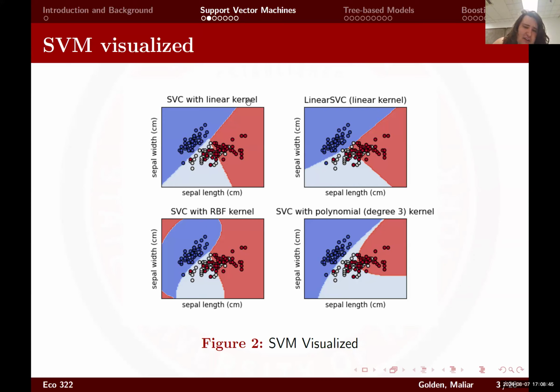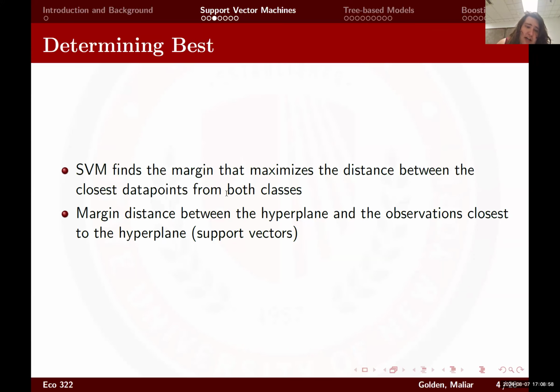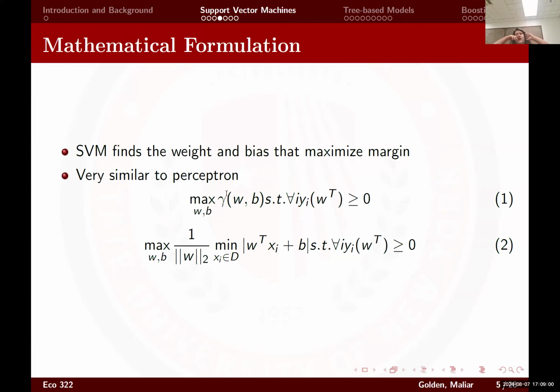So you have this margin, this line here, and you have these points that are close to it, and you're trying to maximize the distance from those points to the line. So SVM finds the weight and bias that maximize the margin. It's very similar to a perceptron. Effectively, at one level, it's the same as a perceptron.